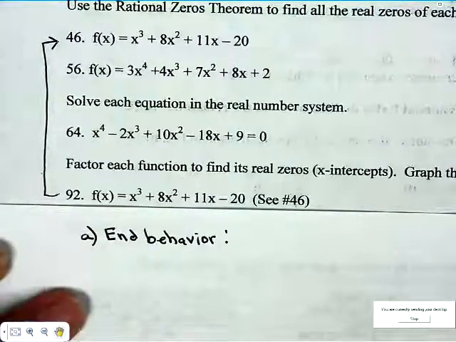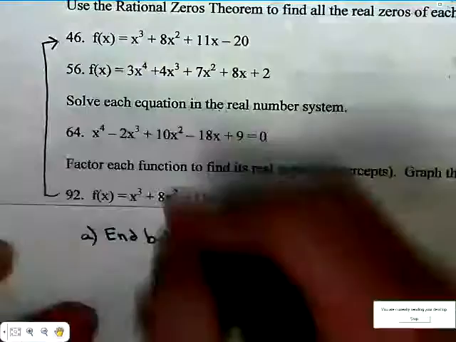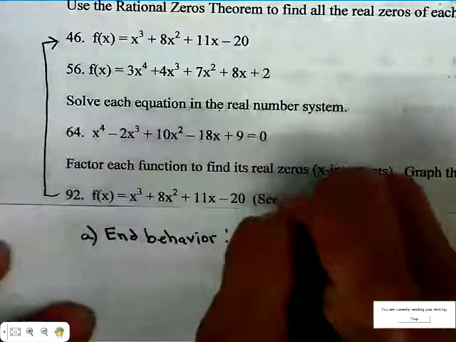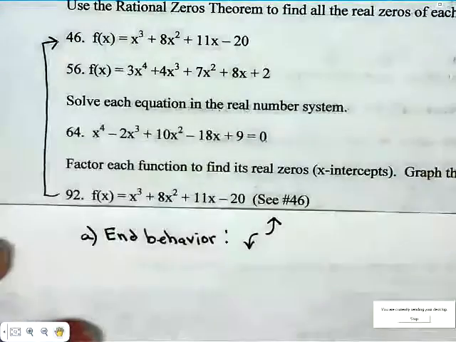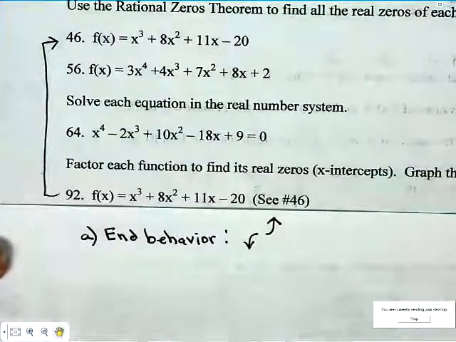It looks like x cubed. It goes down on the left and up on the right, just like x cubed, with no more than how many squiggles in the middle? You remember that little factoid? No more than 1 less than the degree, so no more than 2 squiggles in the middle.